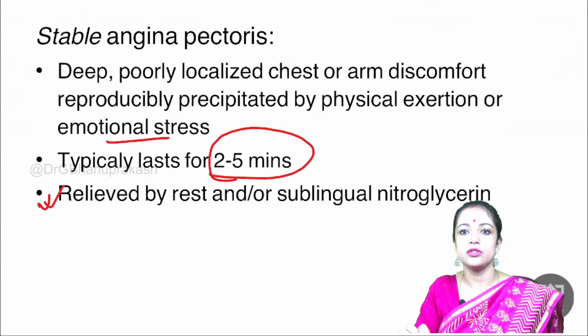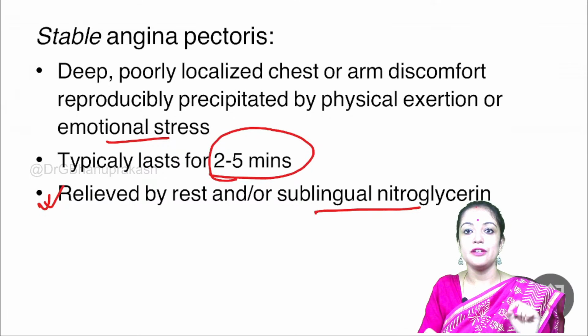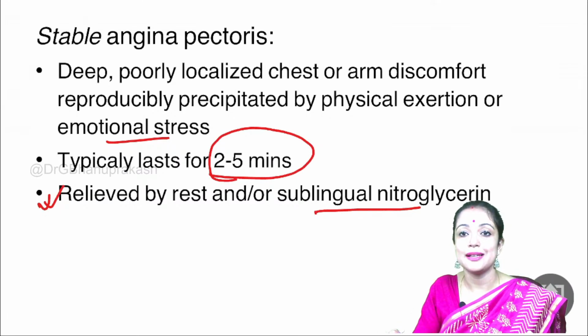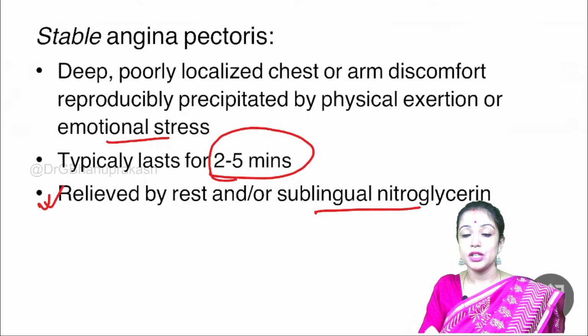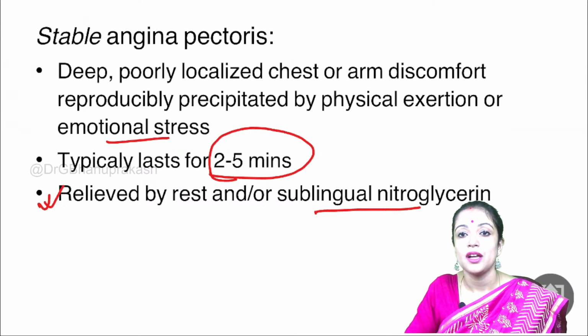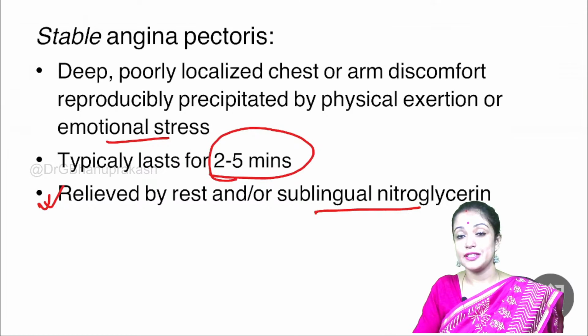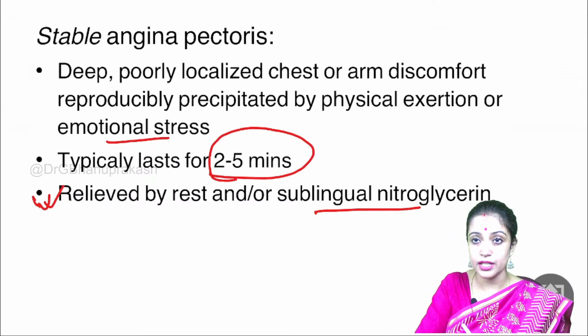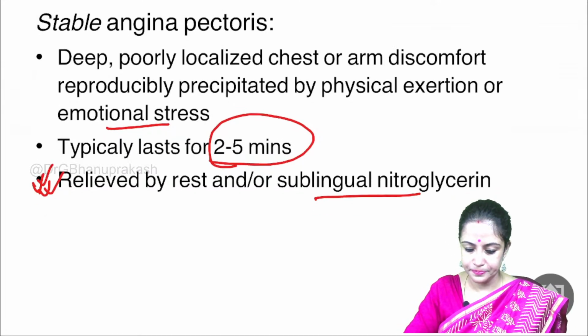There is complete resolution with rest and sublingual nitroglycerin. If it is not relieved by complete rest or sublingual nitroglycerin, we should definitely review our diagnosis of stable angina and look for other diseases. So this point is very important.